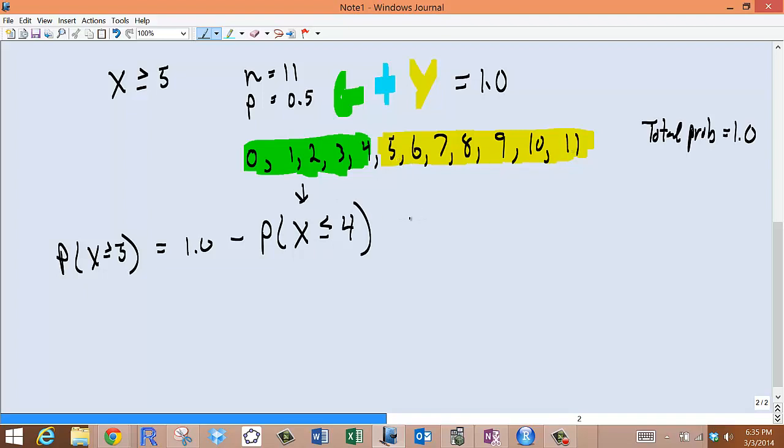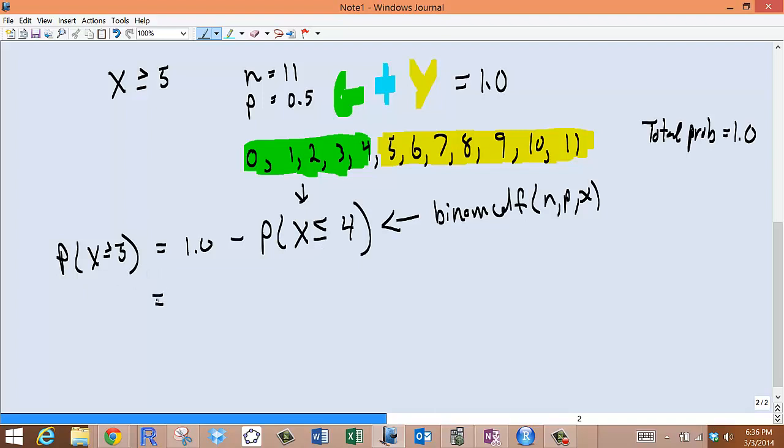And remember, this is the binomial CDF, with n, p, and x. It gives you the probability where x is less than or equal to some value. That's what that function gives you. It doesn't give you greater, it gives you less than or equal to.